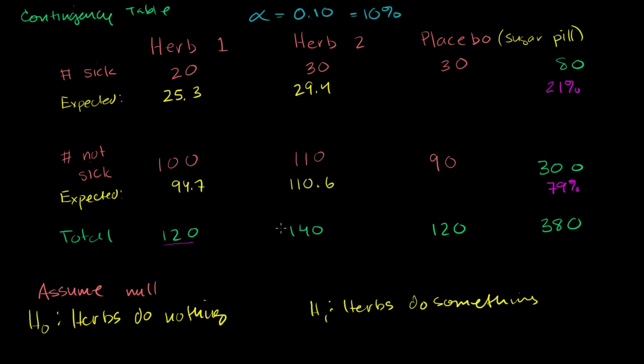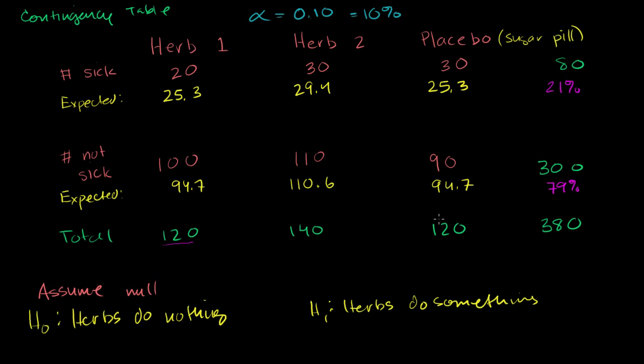The group sizes are the same, so we should expect the same proportion to get sick. So I'll say 25.3, just to make it consistent. The reason I got 25.2 just now is because I lost some of the trailing decimals. But since I had them over here, I'm going to use them over here as well. And then in this group, you would expect 94.7.